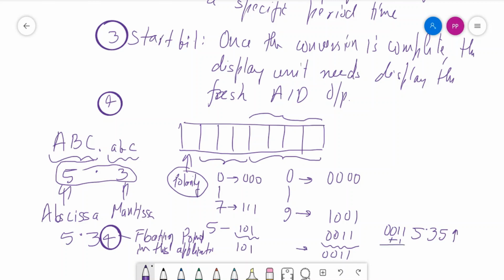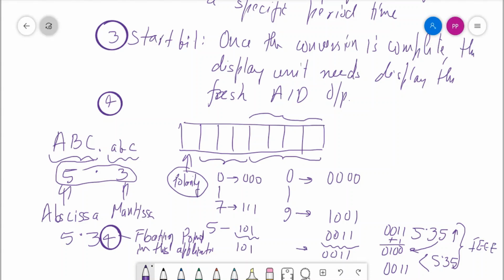So it will become 0 1 0 0. So 5.35 can be represented by this, and if it is less than 5.35, then you consider it as 5.3, so it will become 0 0 1 1. So that is how we can go for considering the floating point information, and this consideration is the IEEE standard.